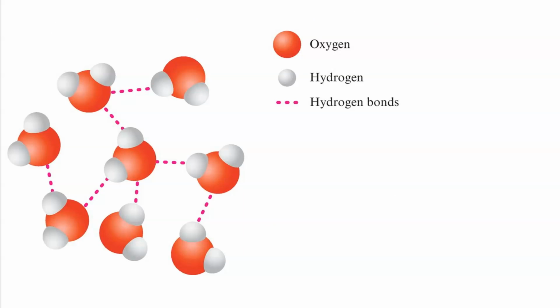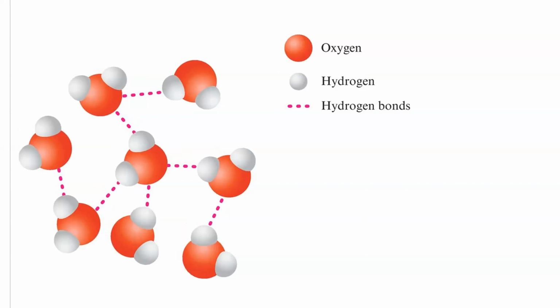And here's a space-filling model of a bunch of water molecules hydrogen bonded to each other. Water is the one molecular substance in the universe that has such a low molar mass, but at the same time is liquid at room temperature.